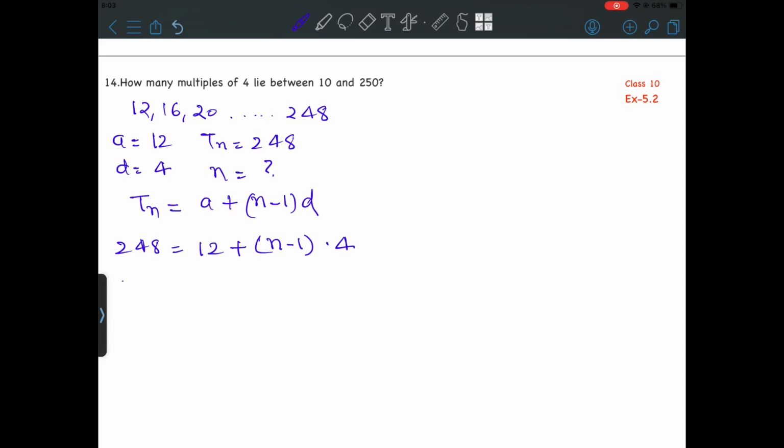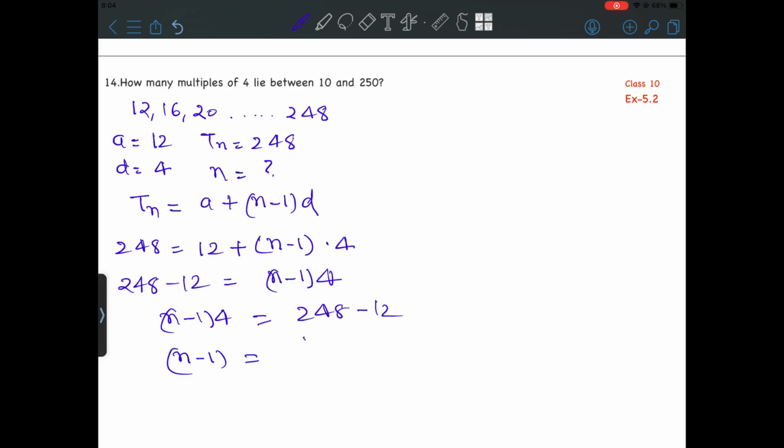So we can write 248 minus 12, because 12 was positive and once we move it to the left hand side it becomes negative, is equal to (n minus 1) into 4. Or we can say n minus 1 is equal to (248 minus 12) upon 4.